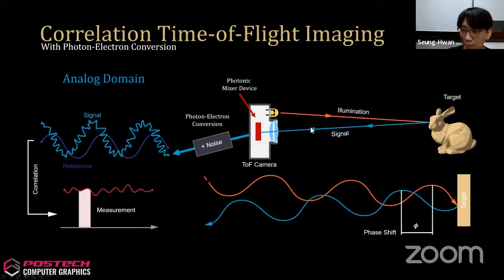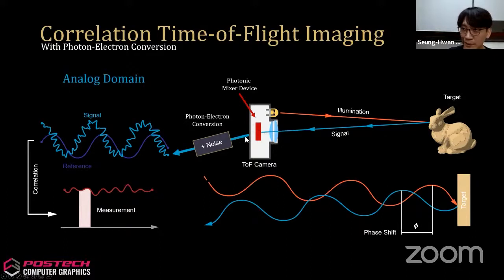However, the problem of existing correlation time of flight imaging is that noise is added in the photon to electron conversion process. When an incident photon arrives at this photonic mixer device, that photon is converted into an electron.